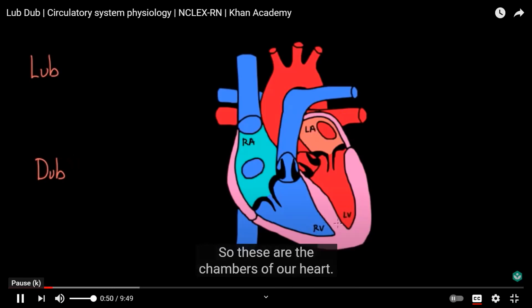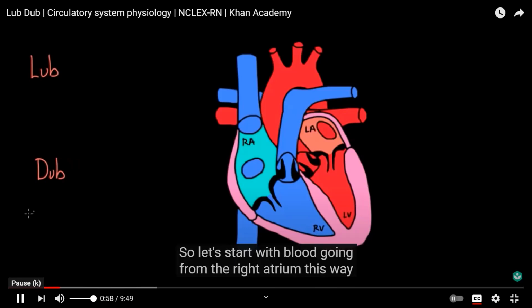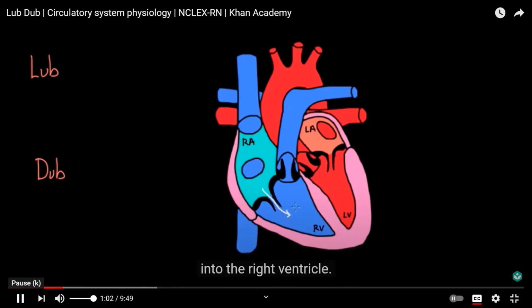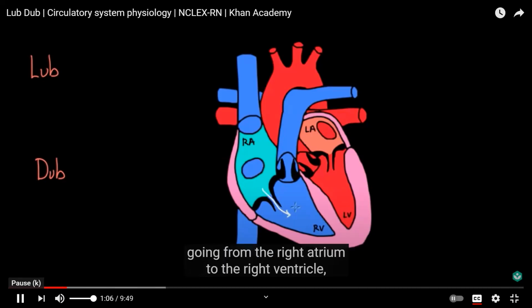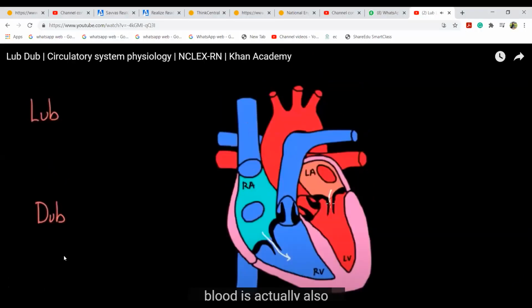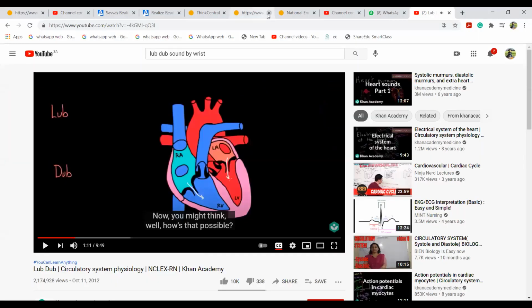So these are the chambers of our heart. Now, keep your eye on the valves, and we'll actually talk about them as the blood moves through. So let's start with blood going from the right atrium this way into the right ventricle. Now, at the same moment that blood's actually going from the right atrium to the right ventricle, blood is actually also going from the left atrium to the left ventricle. I will come back to how the blood goes from the atrium and all that goes on, that I'm going to explain you when I'm explaining you the lessons.